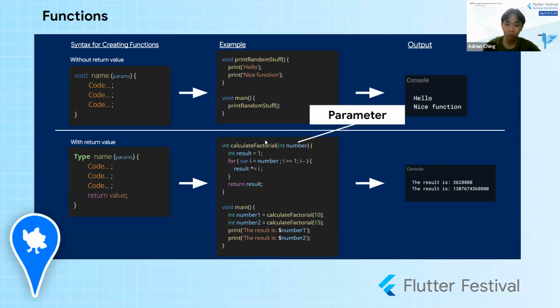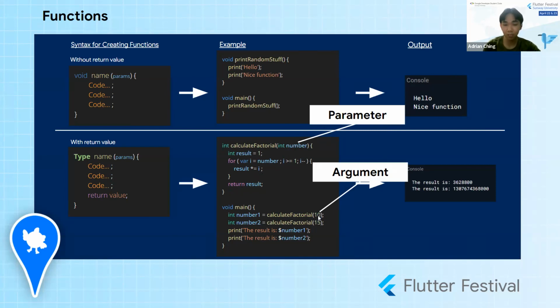The actual value will come from the arguments when you are using the function. So when you're creating the function, this parameter doesn't actually have a value, but we're just telling Dart that it's an integer so that we can do integer stuff with it, like comparing and so on. But the argument is the actual value that will be passed into the parameter.